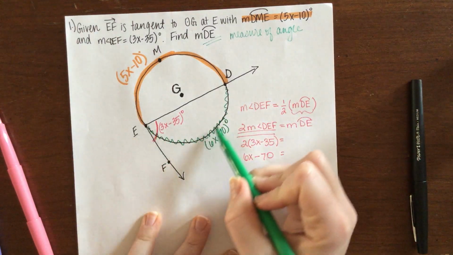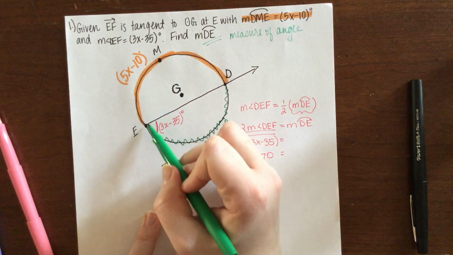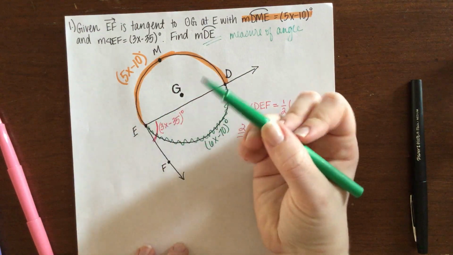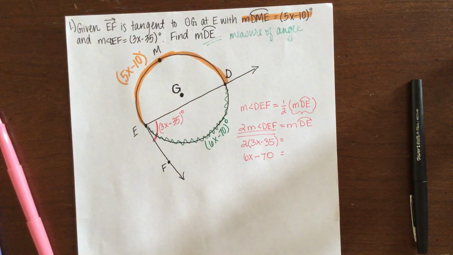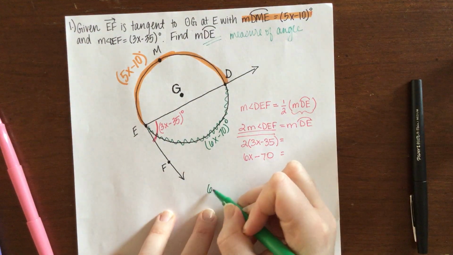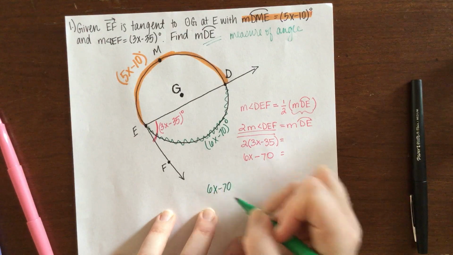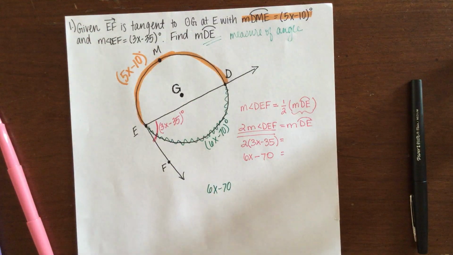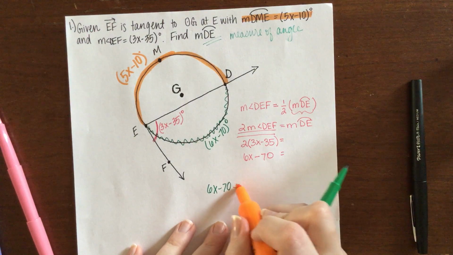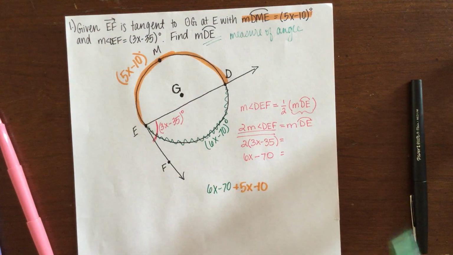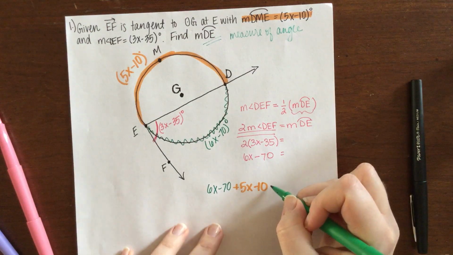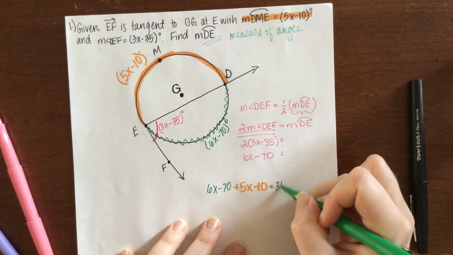Well, if I look at that arc measure plus the major arc DME I was given, I know that those two have to sum to 360 degrees because they make a whole circle. So I'm going to add 6x minus 70 plus 5x minus 10 and set that equal to 360 degrees.